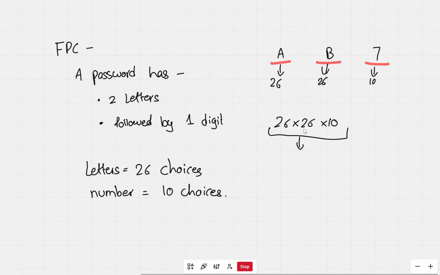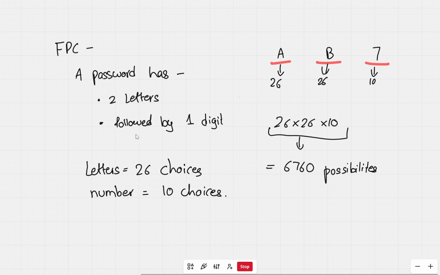So yeah, now what is this? Calculating this would give us 6760. So there are 6760 possibilities of making a password by these conditions.